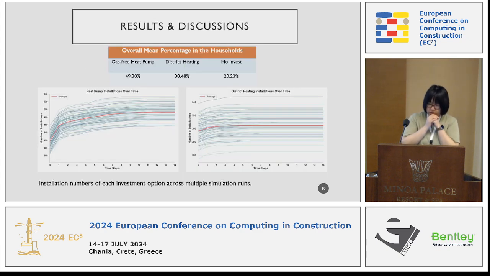Now here's the result. The result shows an increasing preference for gas-free heat pumps, indicating a collective inclination towards sustainable options. And heat pumps show higher adoption rates compared to gas heating and district heating.